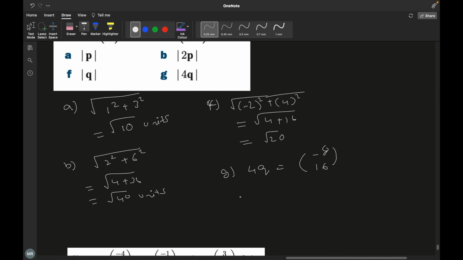The magnitude would be square root of 8 squared plus 16 squared. Let me work that out, which is 8 root 5 units.